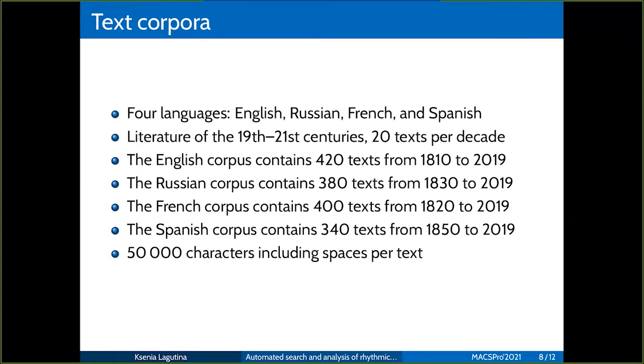Oh, yes, well, Russian languages. I should say I'm not a linguist, so my conclusions are not very deep. I see from the point of view of computer linguistics.